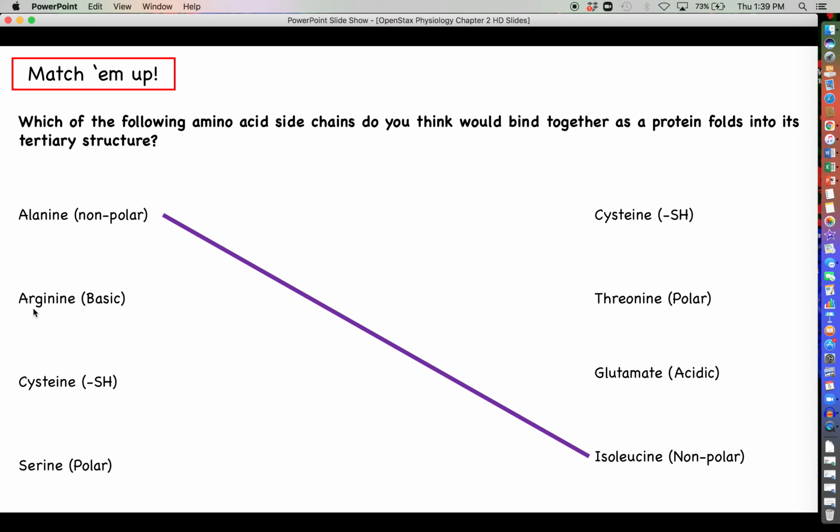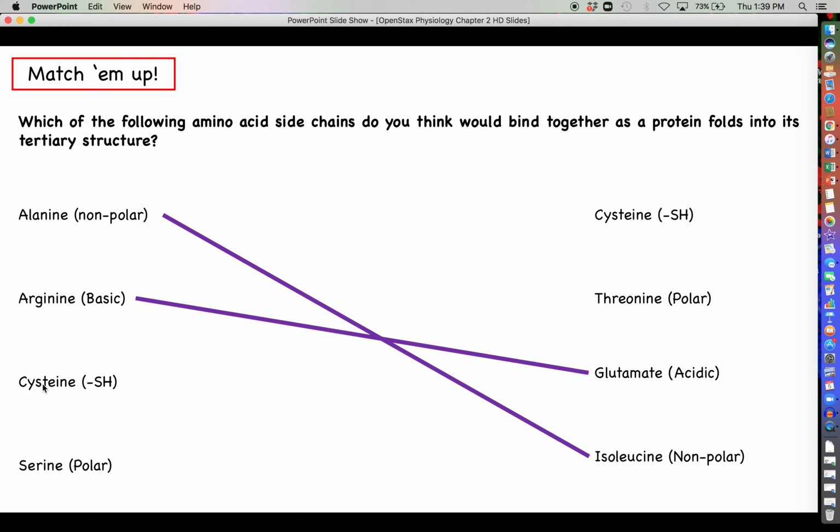Okay, next let's look at arginine. That is a basic amino acid side chain, so it's going to be positively charged at a neutral pH. So which of these remaining 3 over here is it going to want to interact with? The sulfhydryl group, the hydroxyl group, or the acidic group, which is going to be negatively charged at a neutral pH? Well, that is your answer there. Positives and negatives go together. When arginine and glutamate come together as the protein folds, that forms what we call a salt bridge.